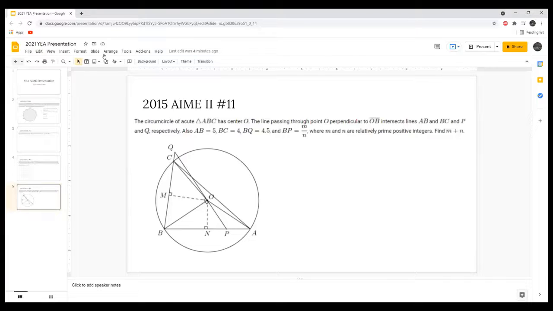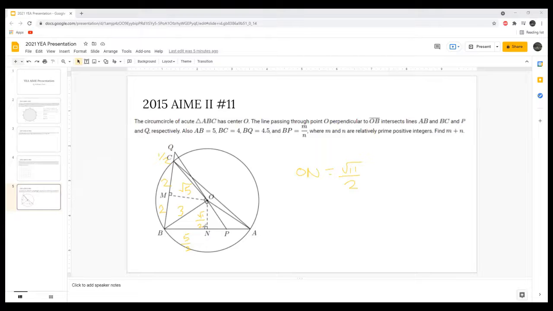So ON equals √11/2. So basically this is 2, 1/2 √5, 3, 5/2, and √11/2.